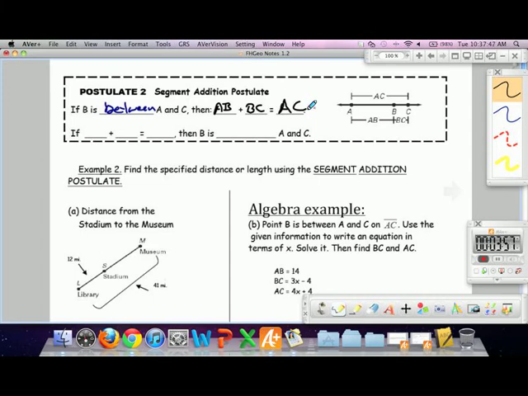So if you know that you have a sum of parts that fills up an entire line segment, if you know that this equation is true, then you can claim that the point that's shared, in this case B, must be between the two segments.